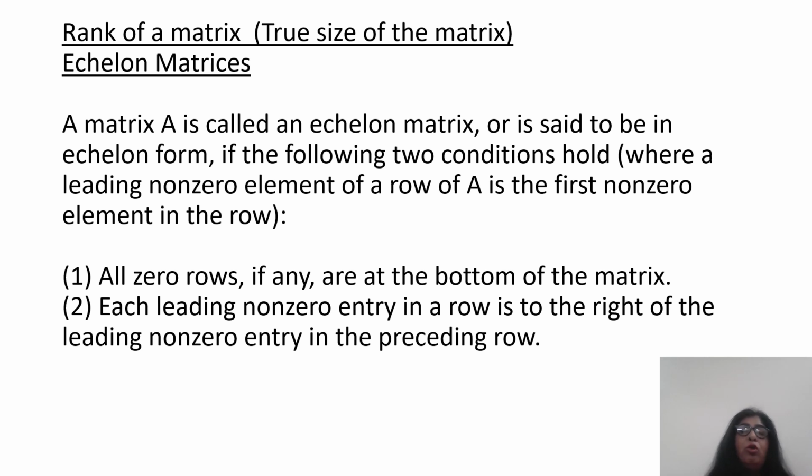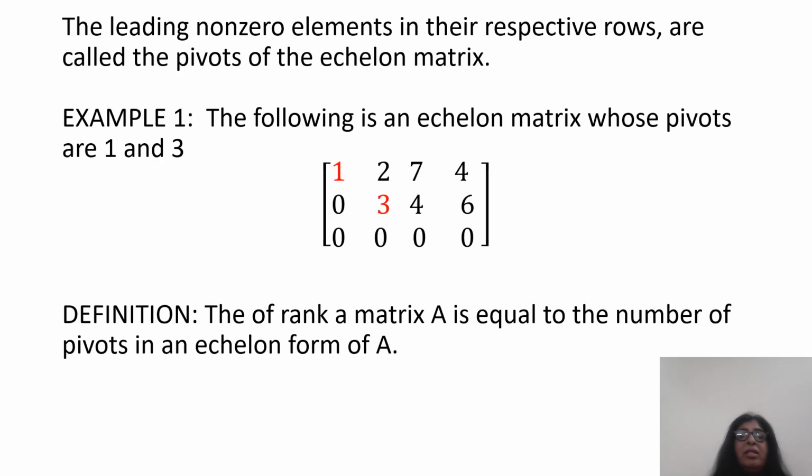A leading non-zero entry of a row of A is the first non-zero element in that row. The two conditions are: all zero rows, if any, are at the bottom of the matrix. Second, each leading non-zero entry in a row is to the right of the leading non-zero entry in the preceding row. I will explain it with the help of an example, then it will be more clear to you. So just see the echelon matrix.